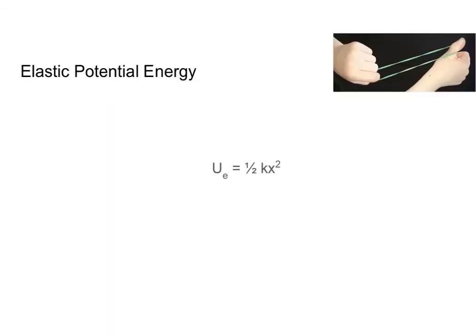In this last equation that we're going to learn is our elastic potential energy. And again, our symbolism is pretty similar. We have U for potential energy. We have an E telling us that it is the elastic potential energy.